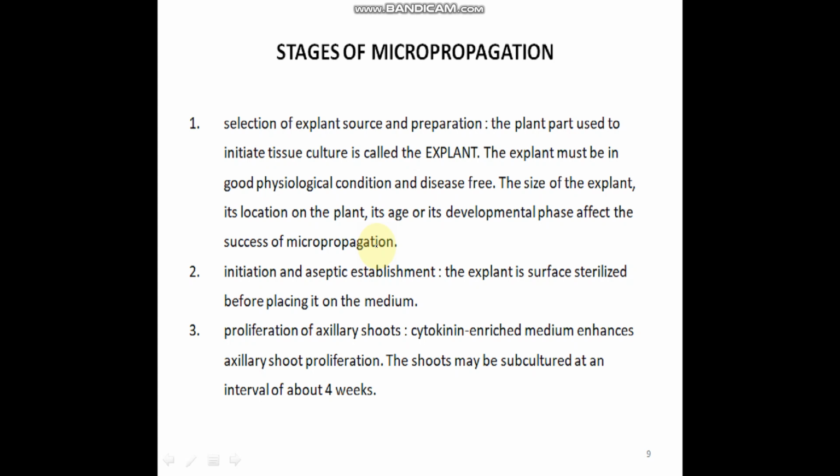Subculture here refers to something similar to transplanting. But transplanting refers to working with the soil, while subculture refers to the activity that you do, changing media in the lab.